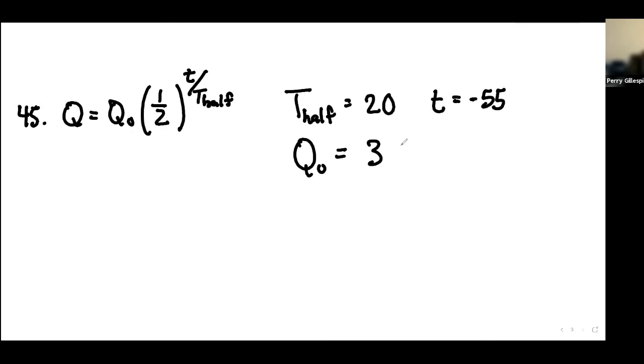So this will be negative 55 because it happened in the past. So we will be able to find out what the value of Q is. We have Q is equal to 3 times 1/2 raised to the negative 55 divided by 20.